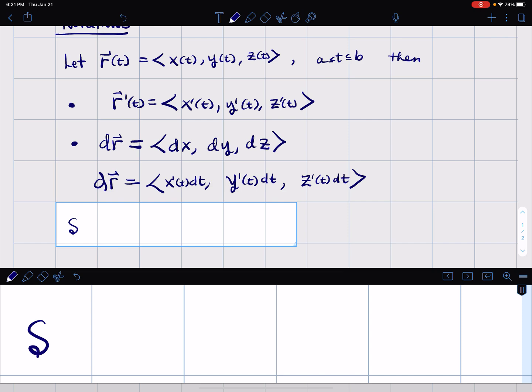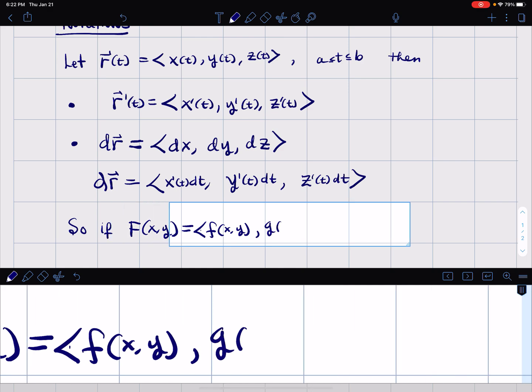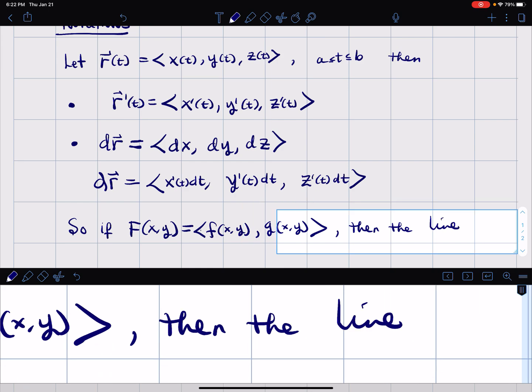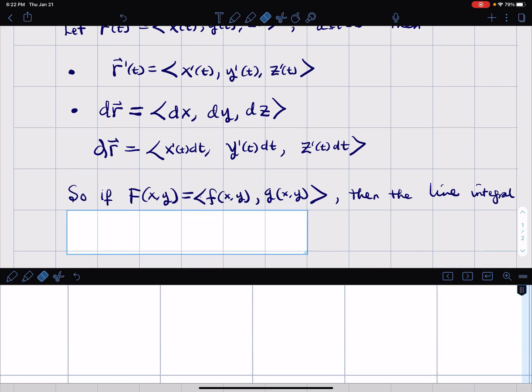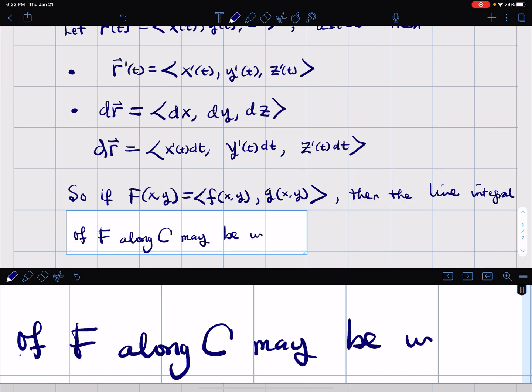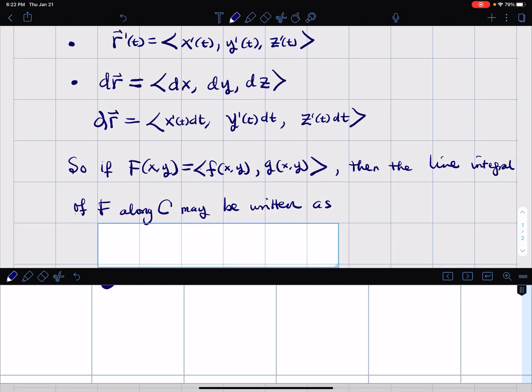So for instance, if F of x, y is a vector field which has the components f and g, both of which are functions of x and y, then the line integral of F along a curve C may be written as the line integral over C of F dot T ds.